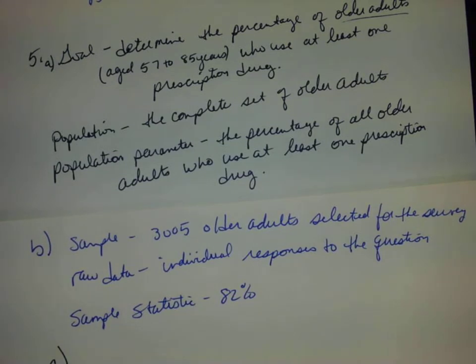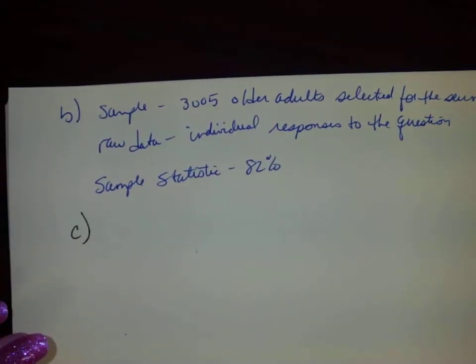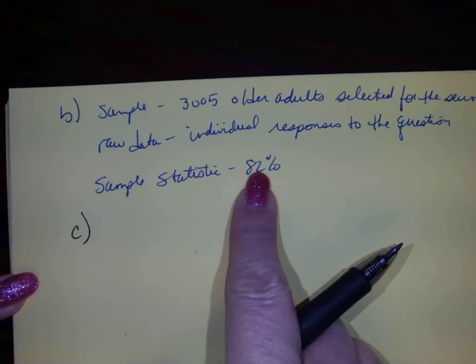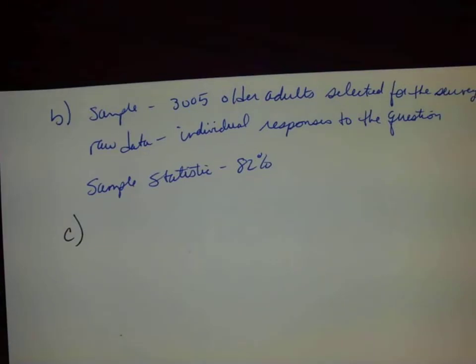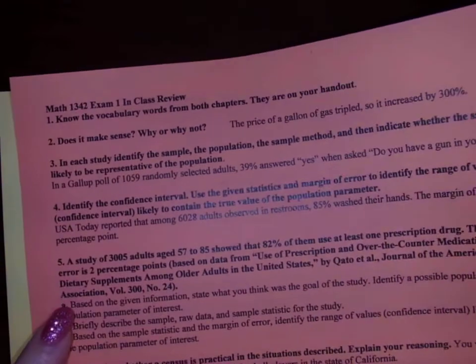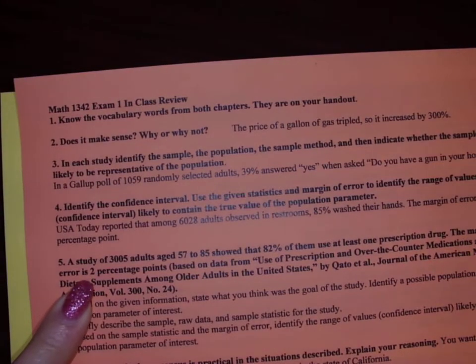So this will be part C. So we know that we have an 82. That is our sample statistic. We've got to look at our margin of error and figure out the confidence interval. We were told that the margin of error, right here, is 2 percentage points.